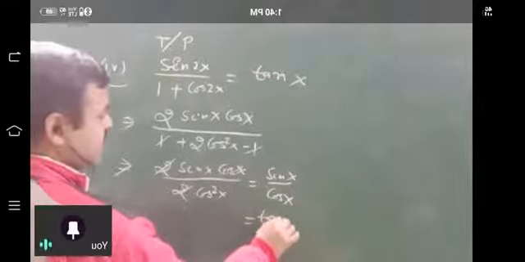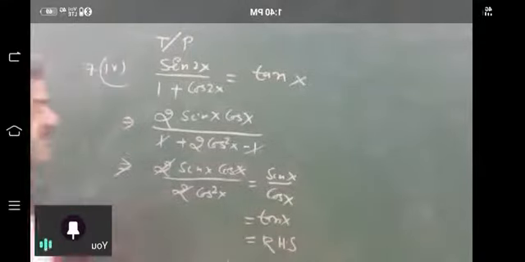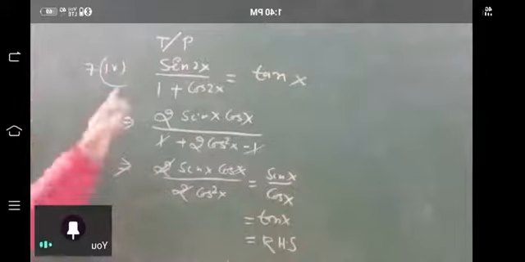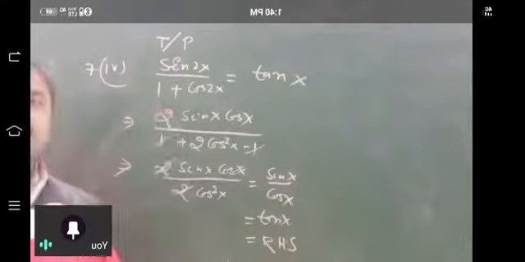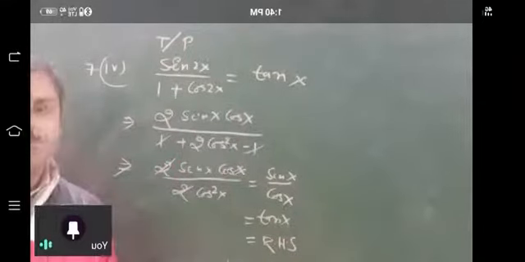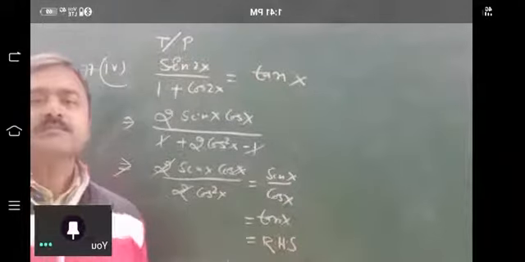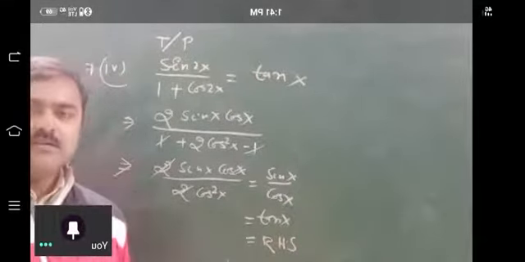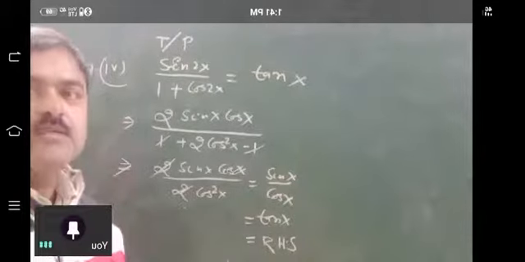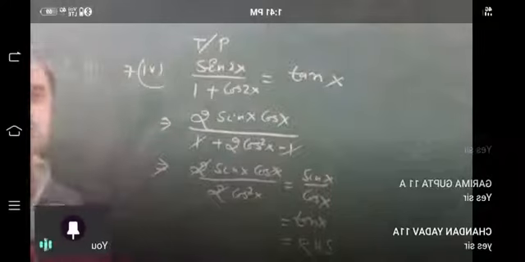So this is tan x, which is the RHS, and this was to prove that sin 2x upon 1 plus cos 2x equals tan x. Hence it is proved. Clear? Clear everyone? Tell me, are you clear about this question? Okay. So see the next question.